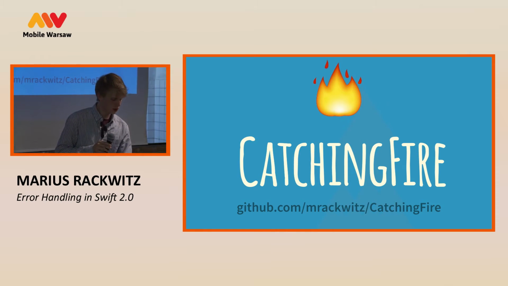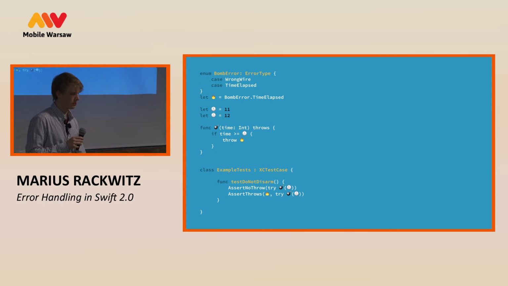Here a little example of how it works, making use of Swift's emoji support. But the most important thing you will see here is on the bottom. There are our tests around trying that the disarming of bombs does work or does not work. So we have two more or less new assertions here, which use the autoclosure feature of the Swift compiler.